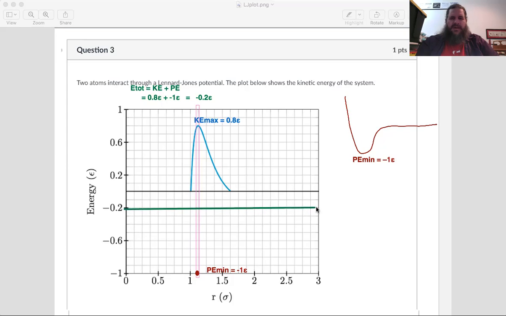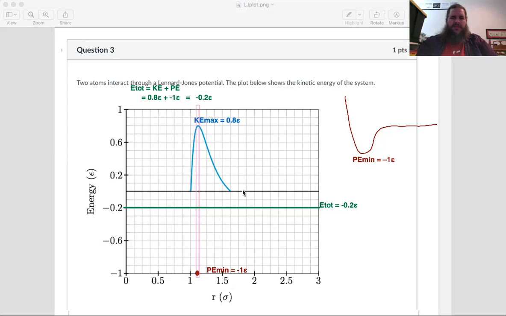So a horizontal line at exactly -0.2 as the energy level. So this horizontal is the graph of E total. This constant value. So we've got the entire graph of E total.